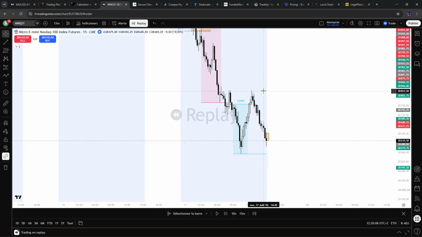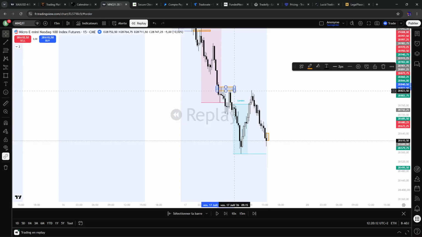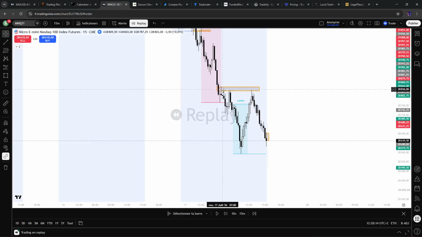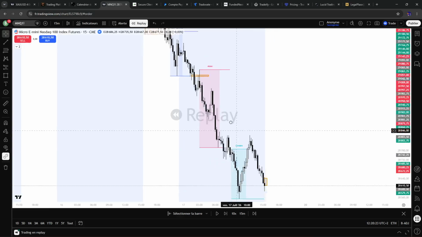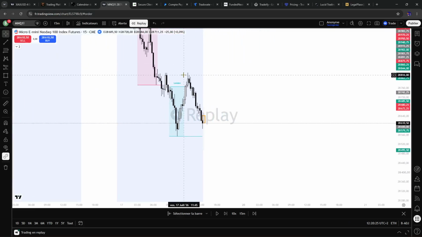But we got a bearish gap, which you can see here, another one respected multiple times, like 1, 2, 3, 4 times we are rejected from it. So here you can definitely know that the trend was definitely bearish.